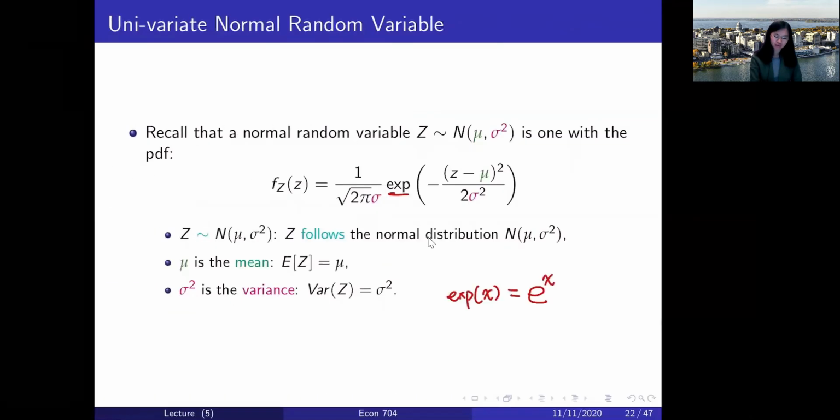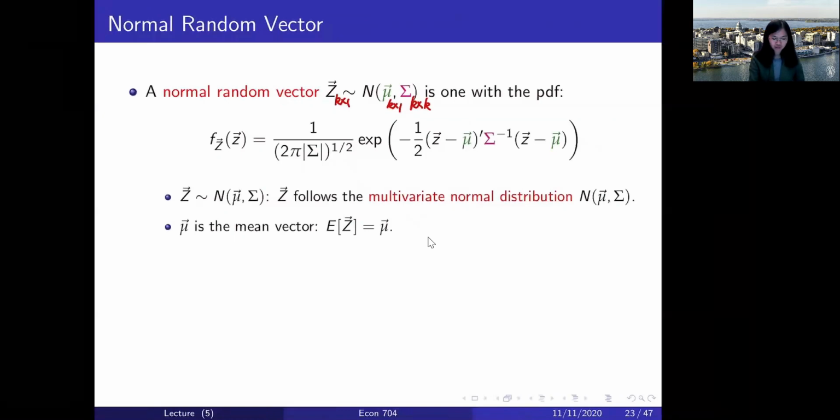And that gets you back to the scalar PDF form. Of course, in the vector case, you can no longer square these because both of these are vectors. Instead, we take this quadratic form of the random vector with the inverse of the variance matrix as the weight. So it's not too important to remember this formula, but that is the formula for the multivariate normal distribution.